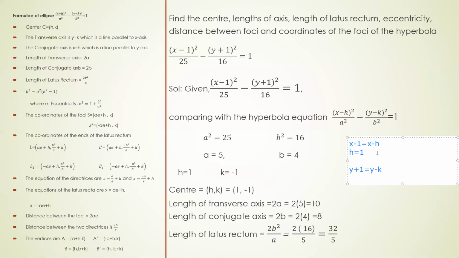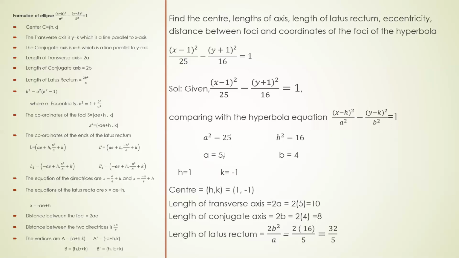So 1 is equal to minus k, or minus 1 is equal to k, or k is equal to minus 1. So we have got h is equal to 1 and k is equal to minus 1.